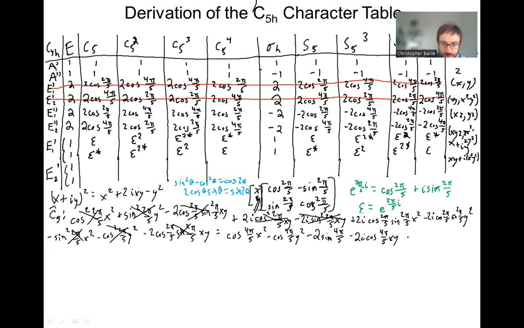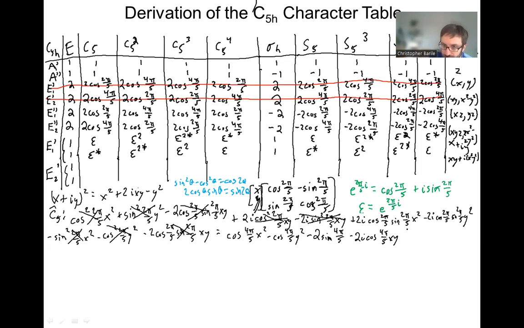But anyway, what ends up happening there is that now we can combine this using our cosine squared rule, using our 2 cosine theta sine theta equals sine 2 theta.